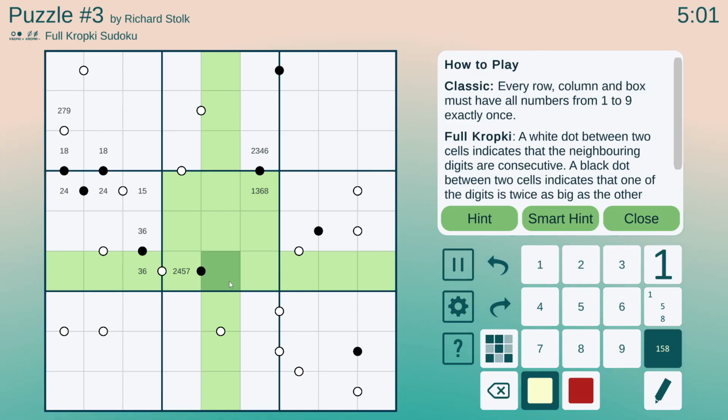This can't be 3 or 6 in any order, because it would conflict. A 5 can't go in a black dot because you can't have a 10. A 7 can't go in a black dot.